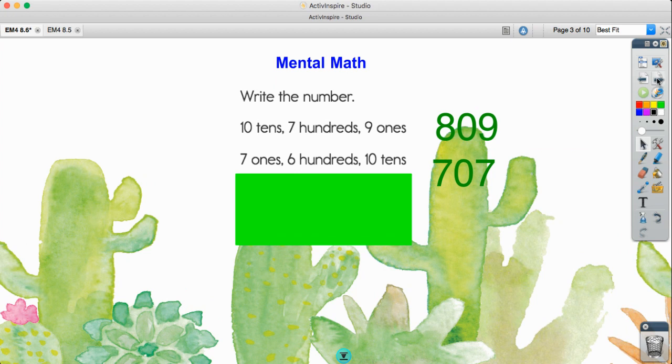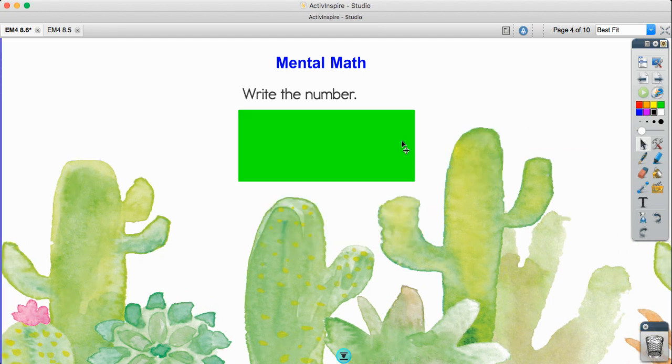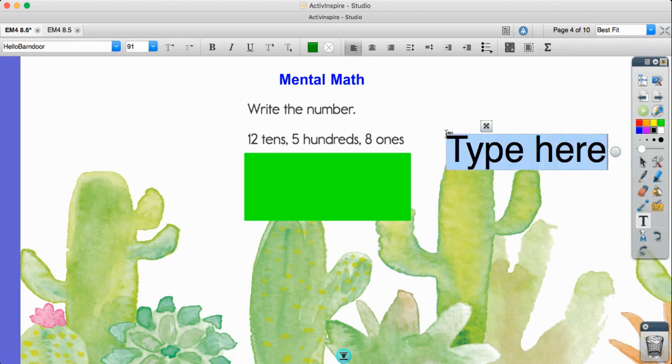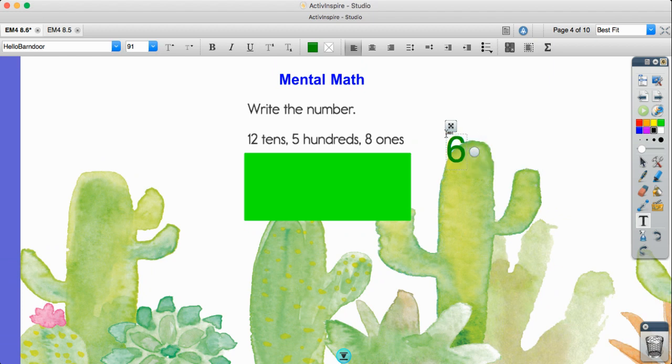Let's try the next one. 12 tens, 5 hundreds, and 8 ones. Write the number. This would equal 628.